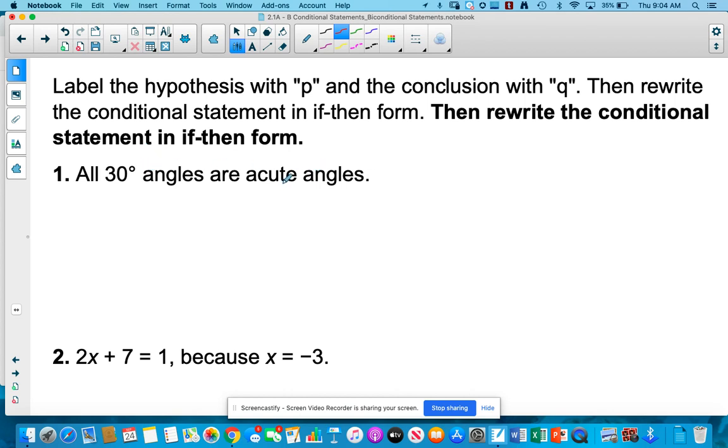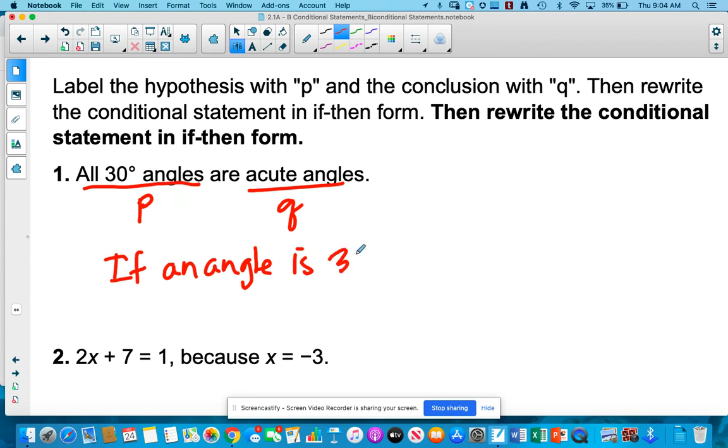So we can say all 30-degree angles is P. Acute angles are your Q. So P is your hypothesis, Q is your conclusion. So if an angle is 30 degrees, then what? Then it is acute, okay?